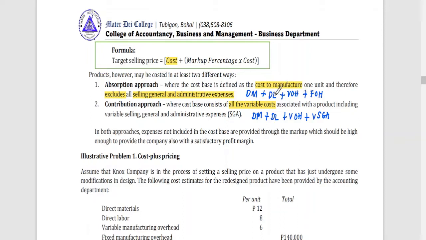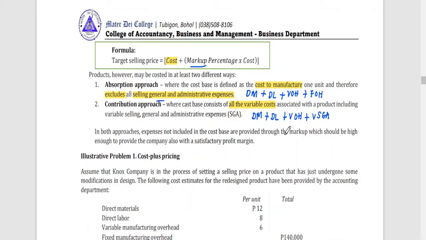For example, here we have the variable and fixed overhead. So wala ang selling and general and administrative expenses.